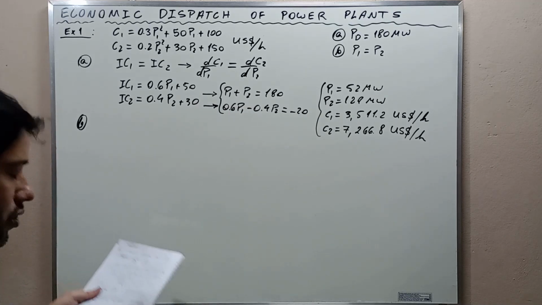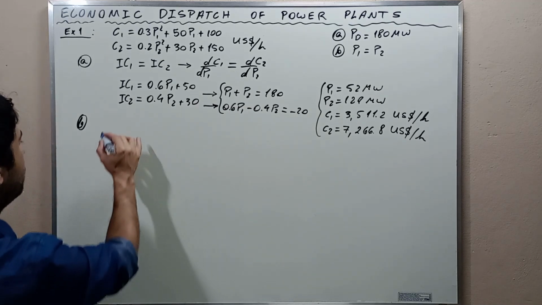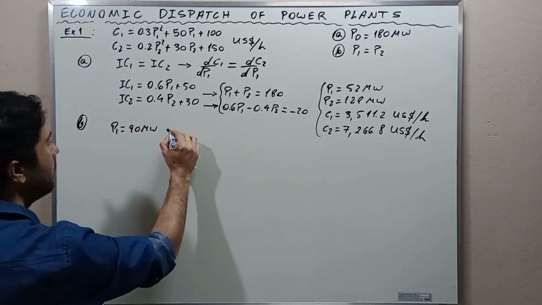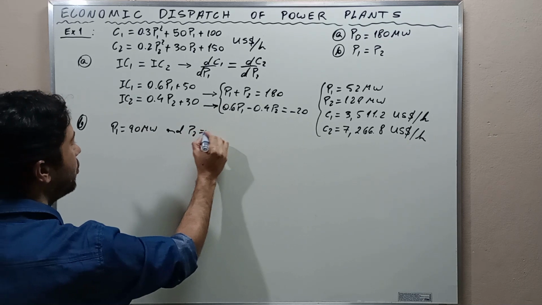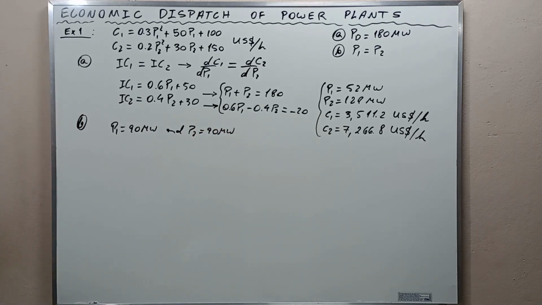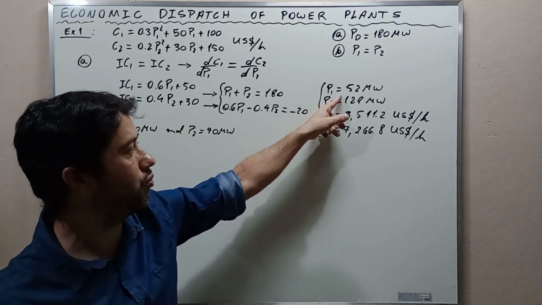Okay? If the load is equally shared, P1 is equal to 90 megawatts and P2 is equal to 90 megawatts as well. The total cost of generation is going to be, we are going to do the same as we did for this case.